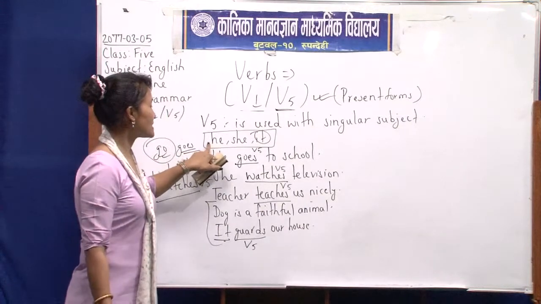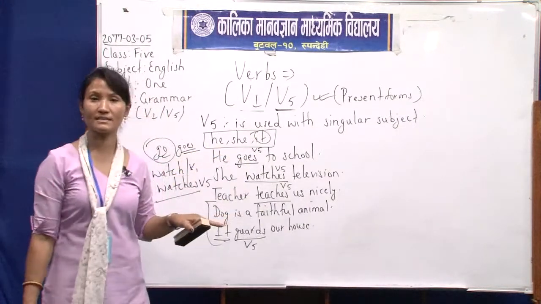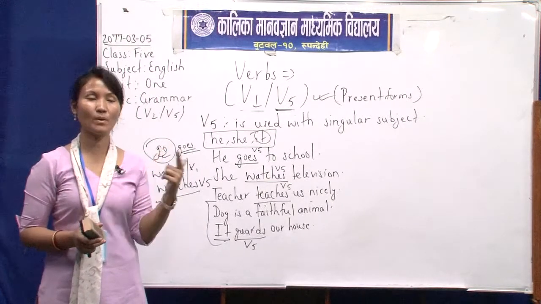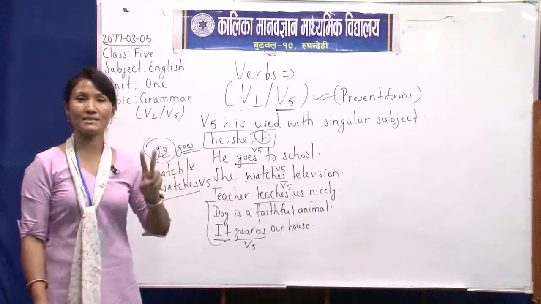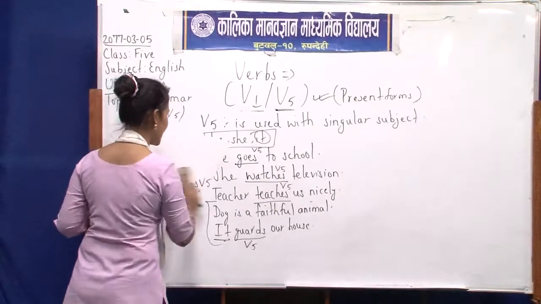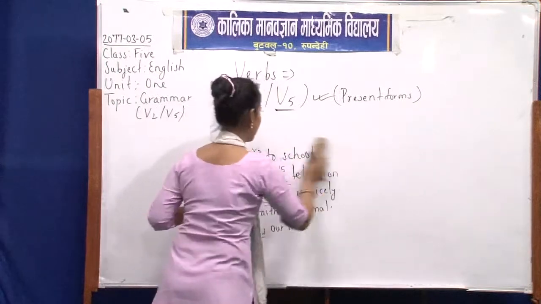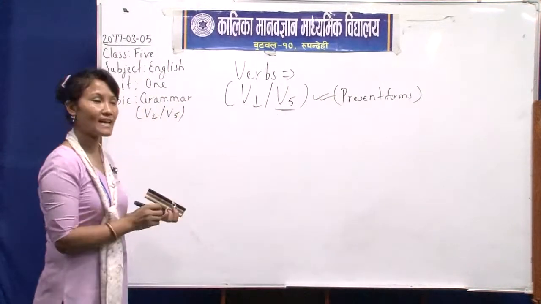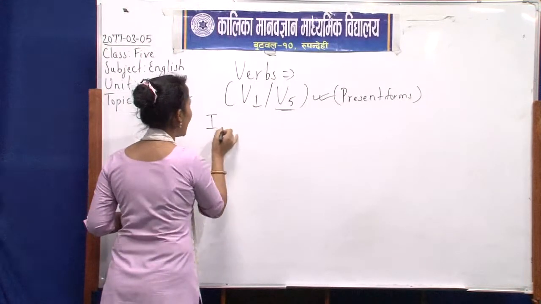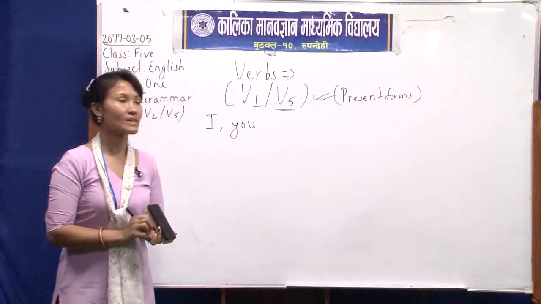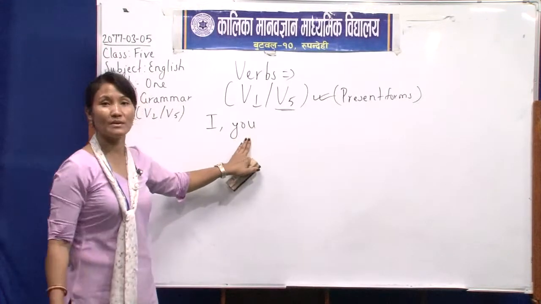Pronouns he, she, it. Likewise, they and we. We have already spoken about these pronouns, but two pronouns are missing. What are they? Can you guess? Yes, two pronouns are missing and they are I and you. Isn't it? I and you were missing.